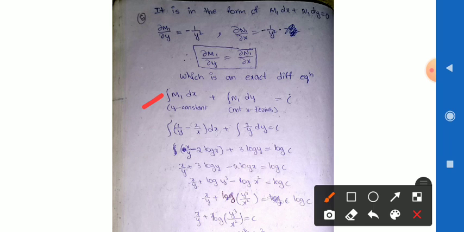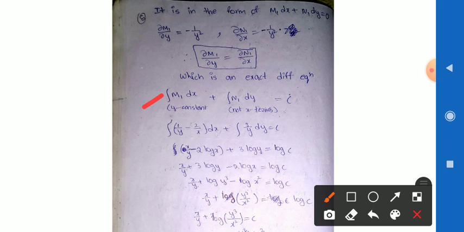Then we have the m1 value, integration of (1 by y minus 2 by x) dx plus integration of 3 by y dy is equal to c. Taking y as constant, we get 1 by y into integration dx, which gives x, minus 2 into integration 1 by x, which gives log x, plus 3 into 1 by y dy, which gives log y, that is equal to log c.